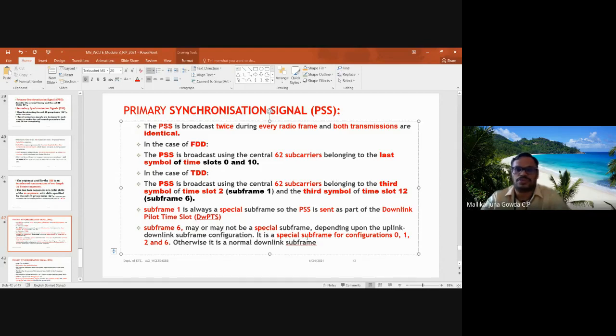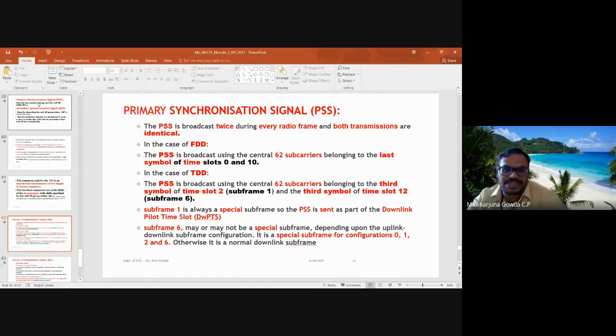It is a special subframe for configurations 0, 1, 2, and 6. There are different types of configurations, and I will explain them in detail. As of now, what you can understand is that a special subframe will be there for these configurations, that is 0, 1, 2, and 6. Otherwise there will be normal downlink subframes only.